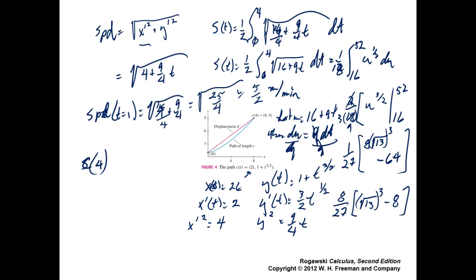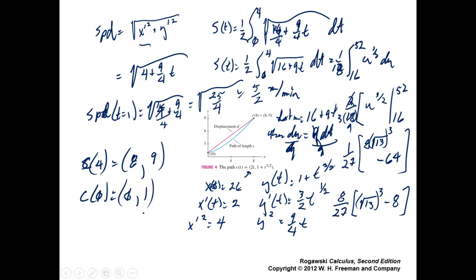C at 4, you would be at the place 8, 1. 4 to the 3/2 would be 8, plus 1 is 9. So that's where you were at 4. At 0, C at 0, you're going to be at 0, 1.